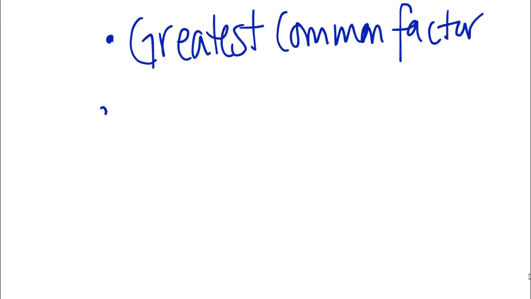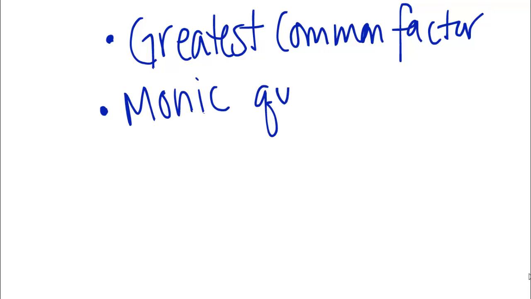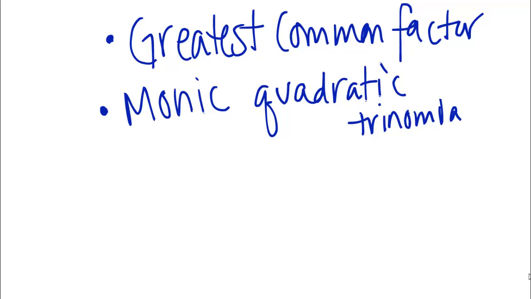Just to summarize, the types of expressions that we've talked about how to factor include expressions where we can factor out a GCF, or a greatest common factor. We talked about how to factor monic quadratic trinomials. We talked about how to factor perfect square trinomials.